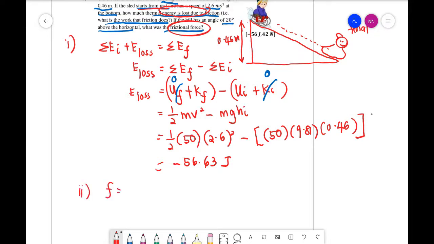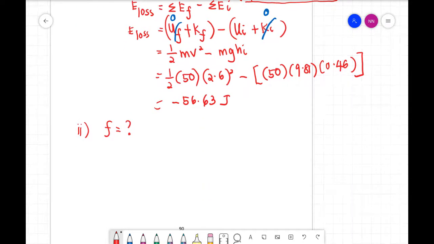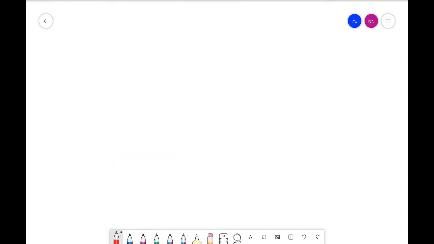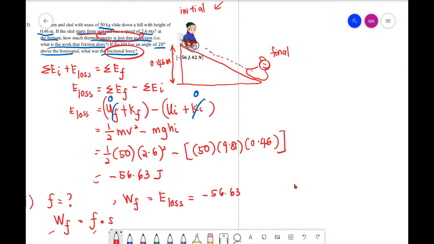For this, we can use the formula work done by friction equals friction dot S, where work done by friction is equal to the energy loss due to friction, which is negative 56.63 joule. We substitute here: friction is the unknown we need to find, and displacement S. What is displacement S? The displacement S is here.